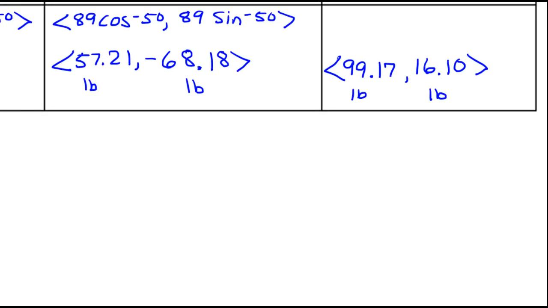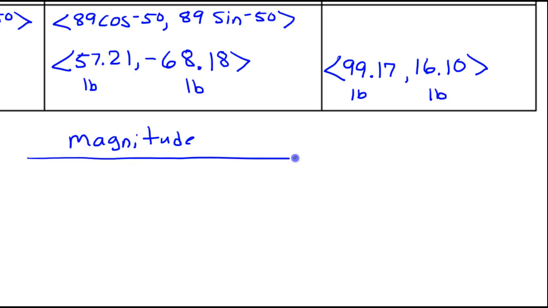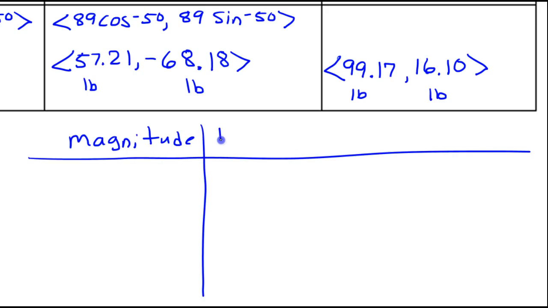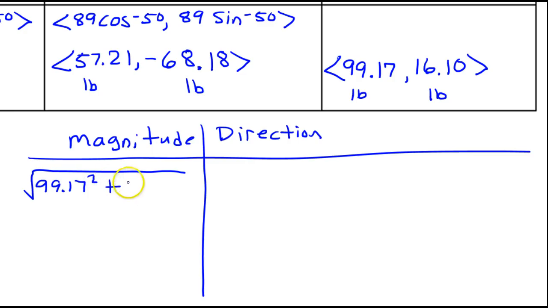Okay, so let's see. Magnitude. And direction. For the magnitude, we will just use the magnitude formula. So we will do 99.17 squared plus 16.10 squared and take the square root of all that.